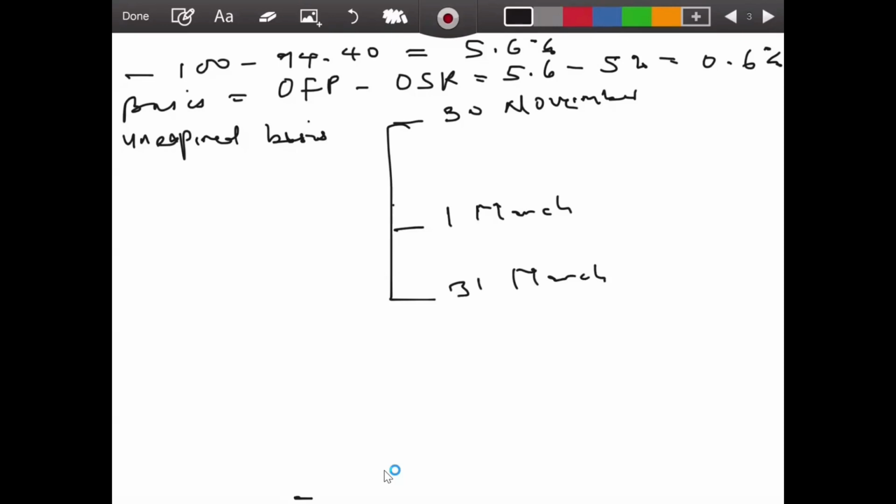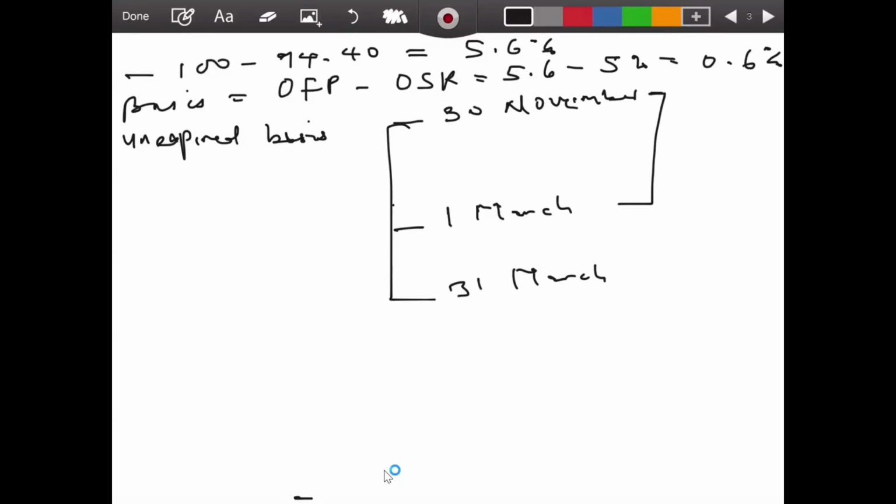So from 30 November, we are assuming that at the end of the contract, this basis of 0.6 will have reduced to 0 in a linear manner. That means every month, a portion will be going till the end of the contract. It will reduce to 0. So from 30 November to 1 March is how many months? We won't count November because it's already the 30th, so December, January, February.